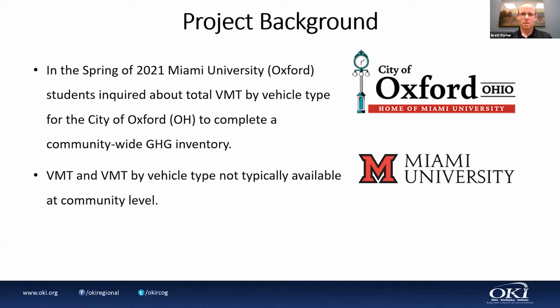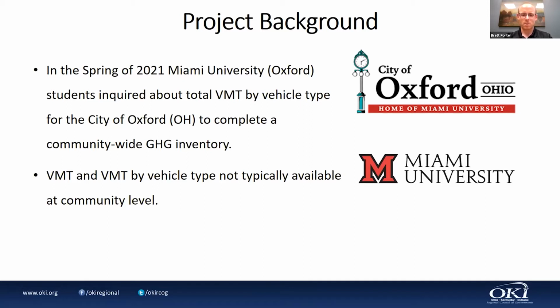They had come across a paper that the city of Cincinnati had done 3 or 4 or 5 years ago, where they did the same thing. They referenced that OKI had provided them with the VMT for the city of Cincinnati. And so that's where this all started.